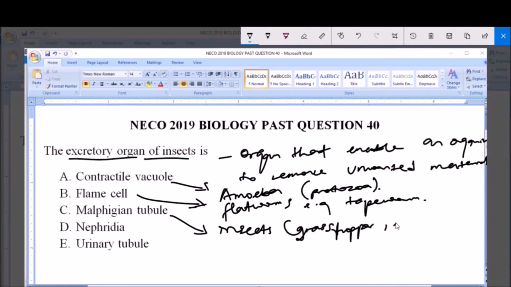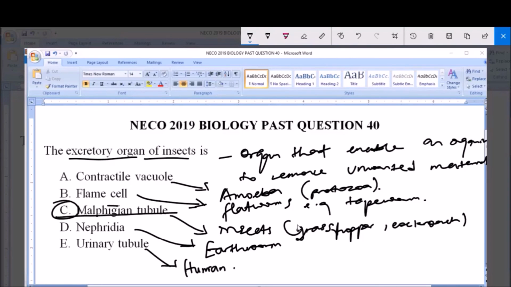Then nephridia is the excretory organ for earthworm, and urinary tubule is the excretory organ for humans or mammals, higher animals. So the excretory organ of insects is Malpighian tubule, and that is option C.